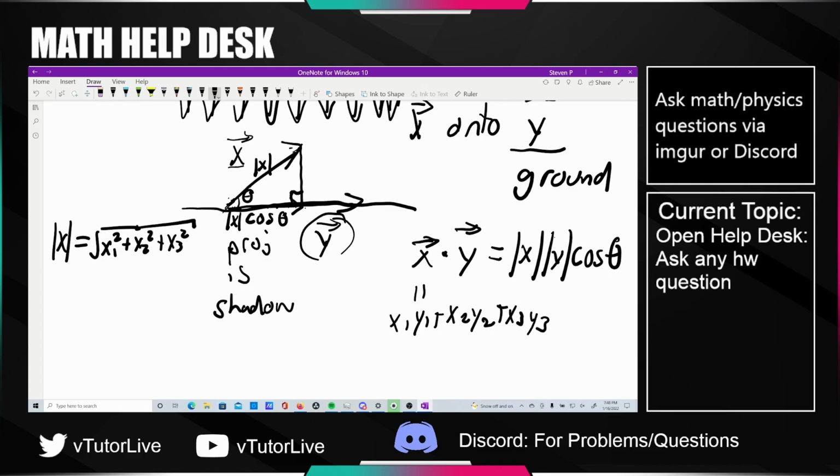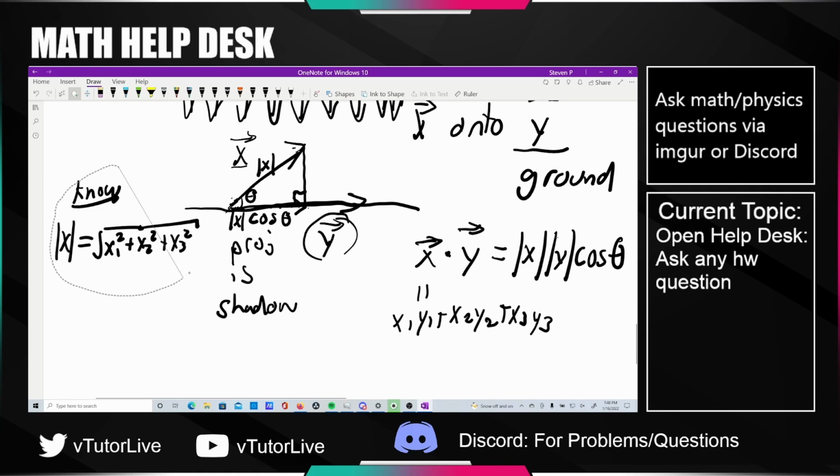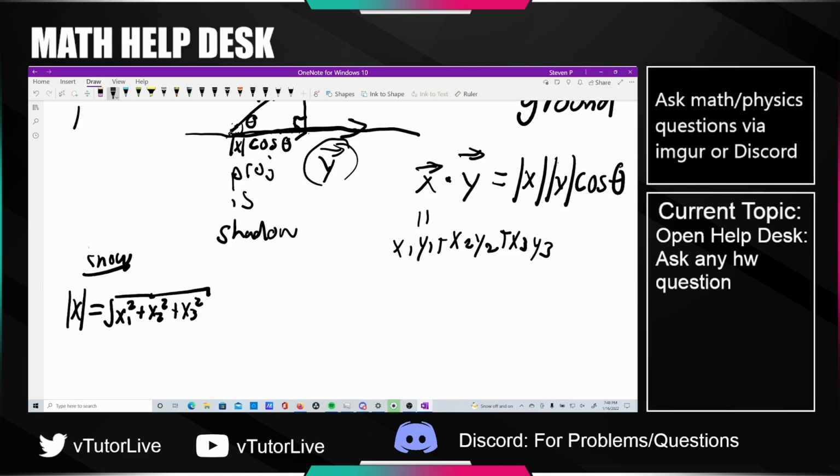Right. So I'll just remind you what we know. Actually, maybe I'll write this a little bit off to the side just to make more room. We know what the absolute value of x is. We know what y is. And we know the literal vectors themselves, right?